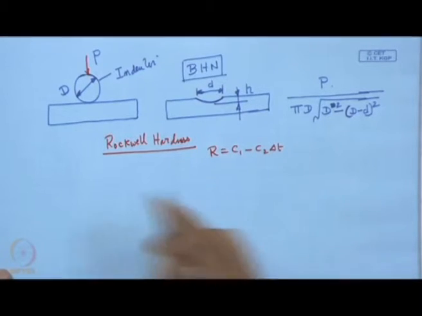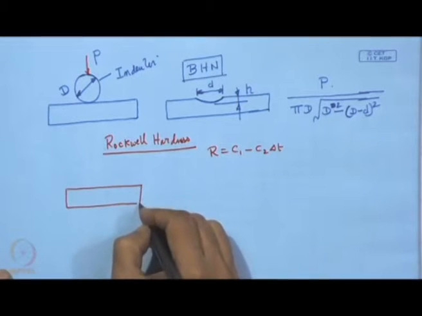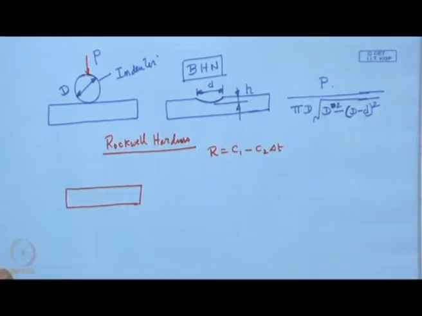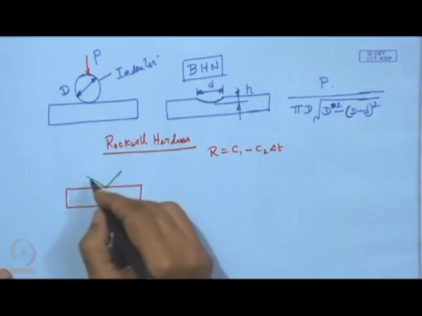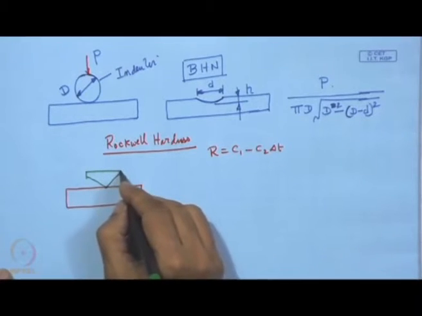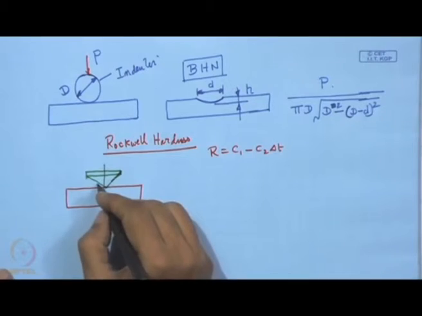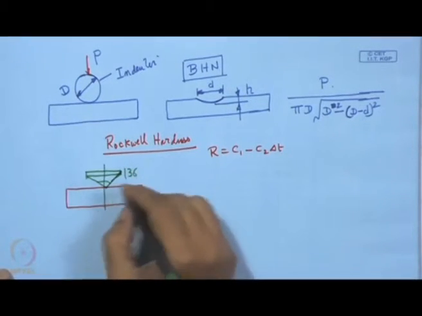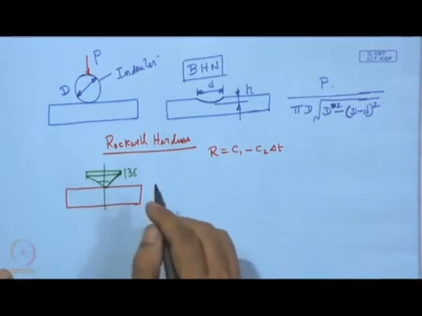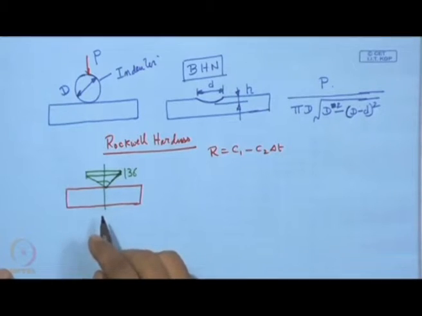Now, this delta T is actually, this is the surface, and on that we have one indenter, and this indenter is actually a sharp point, and in this case it is actually a diamond cone which is called Brale. So, this diamond cone with 136 degree cone angle is pressed against this material, and in this case what we measure.